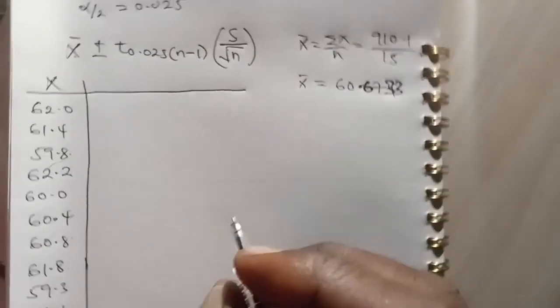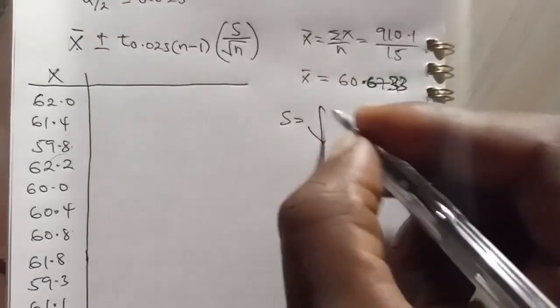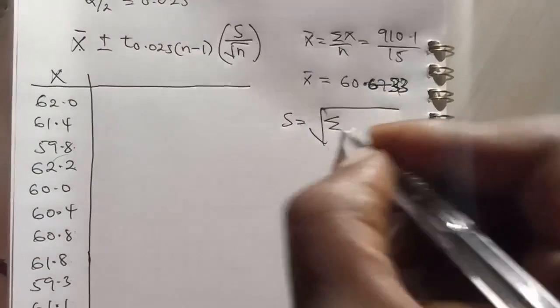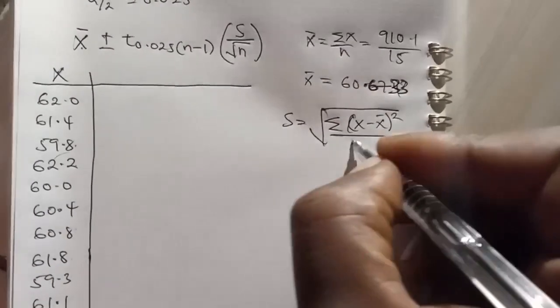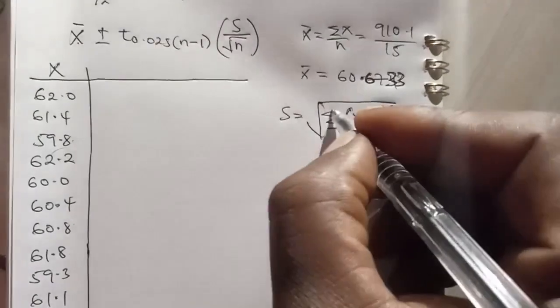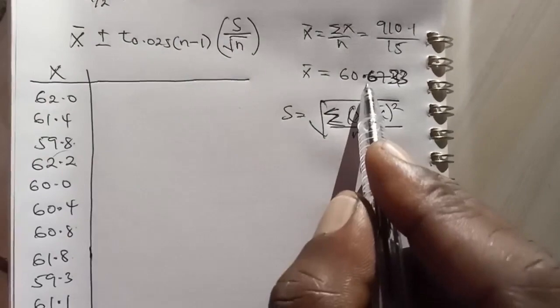Now we need to find our standard deviation. Standard deviation is given as the square root of summation x minus x bar all squared over n minus 1. So what we need to do is take every x minus the mean, then square it.